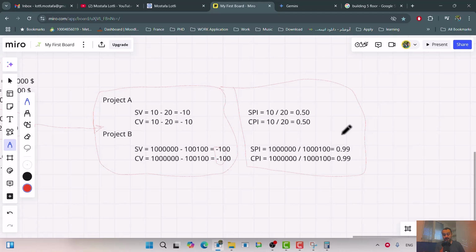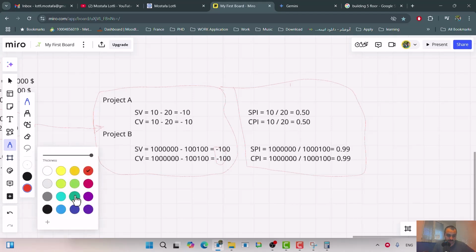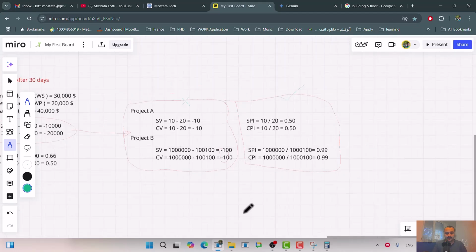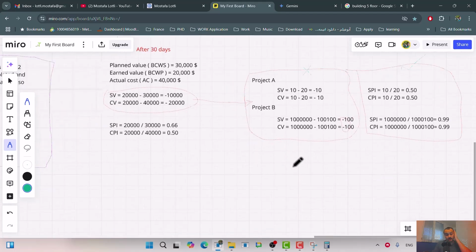And it also gives you a sense of the performance. That's why CPI and SPI are much more practical and much stronger than SV and CV. So this one is what you need. This one is something you don't need, basically. That's what I'm trying to emphasize here.